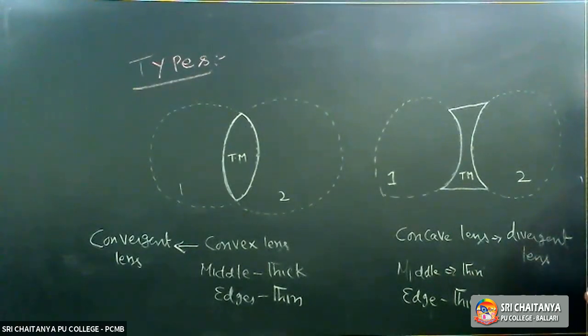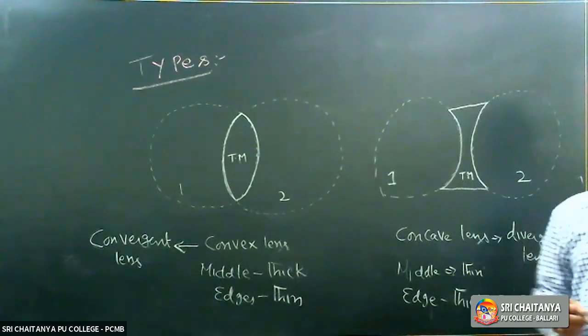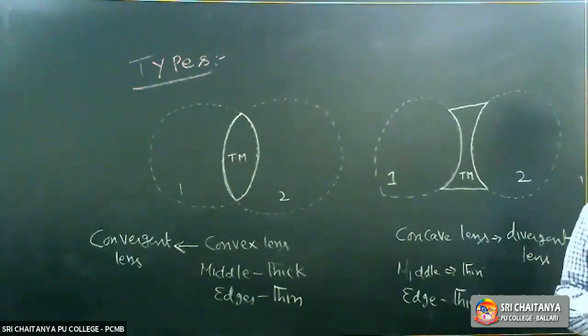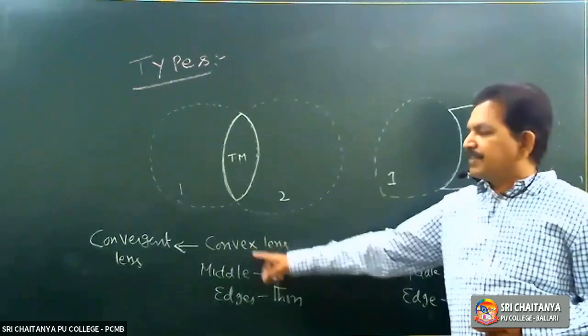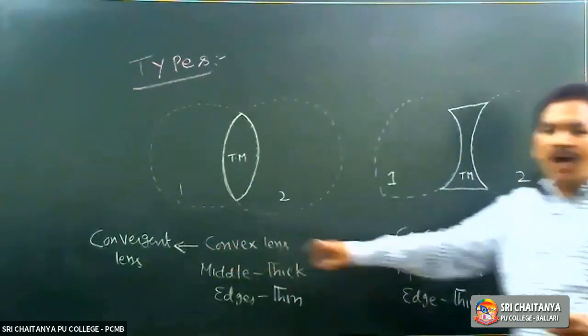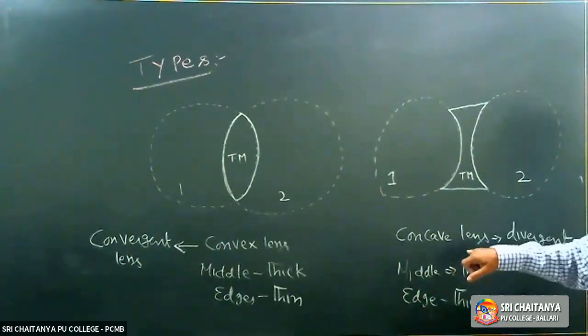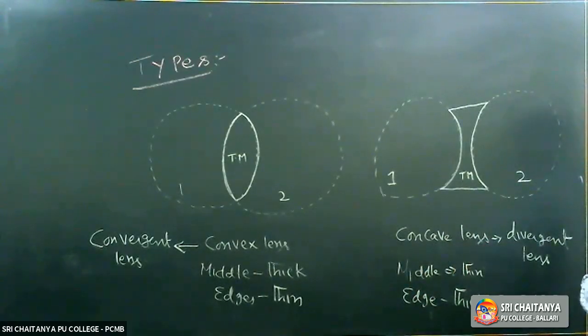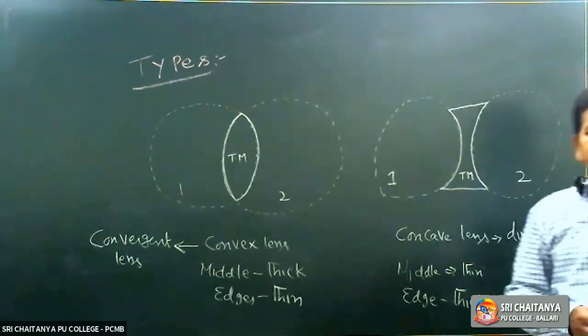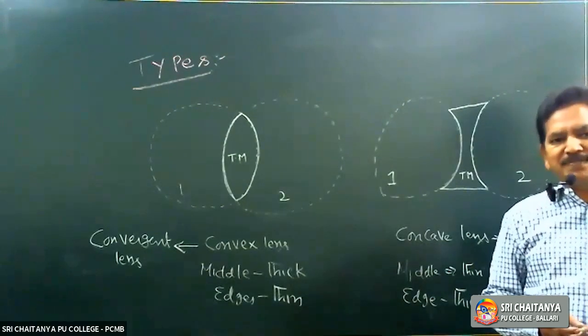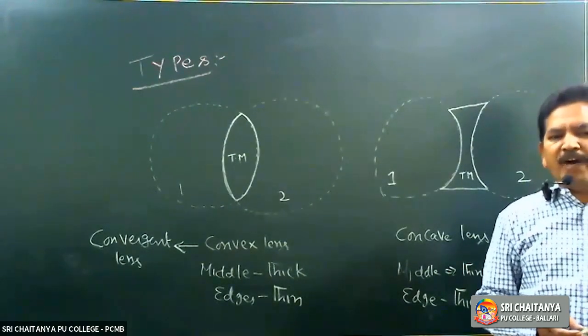Compare with mirrors. Concave mirror, convergent mirror. Convex mirror, divergent mirror. Here it is completely reversed. Convex, convergent. Concave, divergent. But we know very well, due to the convergent rays, what kind of image will be formed? Real image. Due to the divergent rays, what kind of image will be formed?